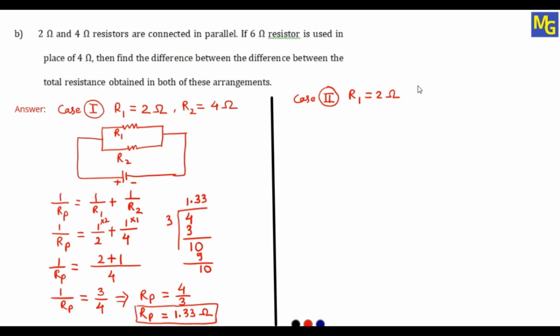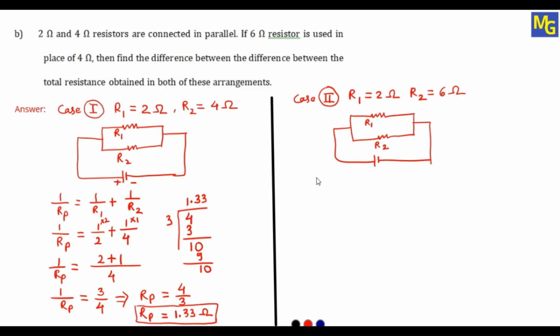But R2, that is 4 ohm, we have to replace with 6 ohm. So R2 is equals to 6 ohm. Again, both we have to connect parallelly. So this is one and this is our second, and we connect it to the battery. The circuit is complete. So this is R1 and this is R2.